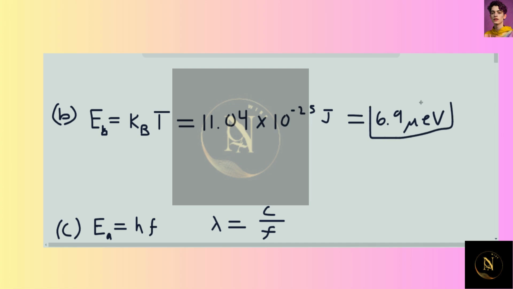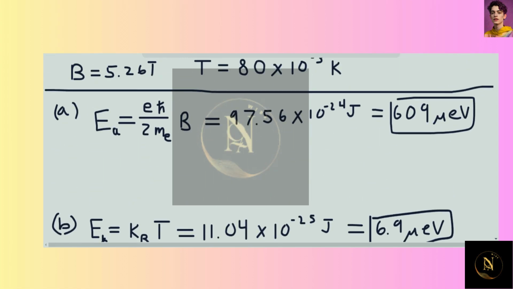For part C, we're asked to find the frequency and the wavelength of the photon that the electron absorbed as it jumps to its second energy level. To do this, we're going to use the energy from part A, E sub A, and the equation that the energy of the photon is equal to Planck's constant h times the frequency, f.